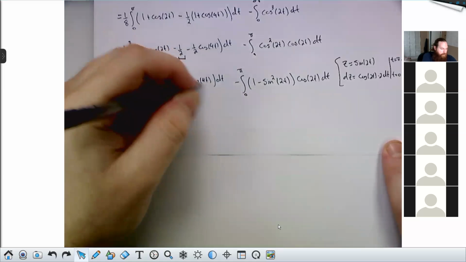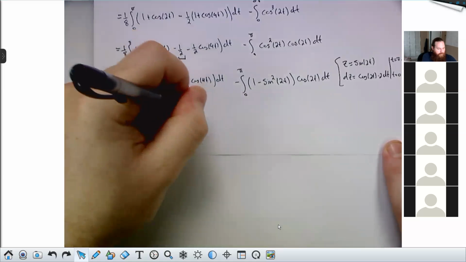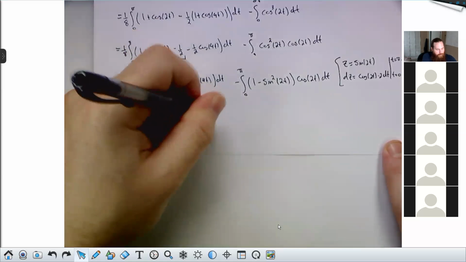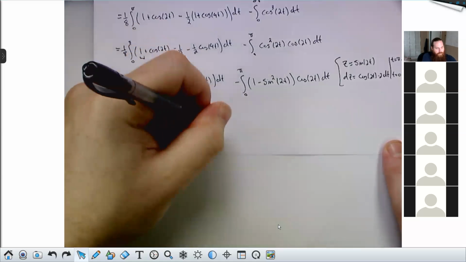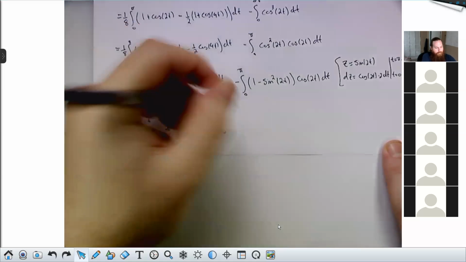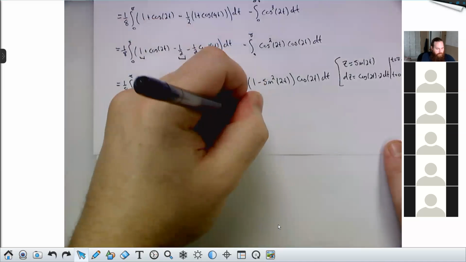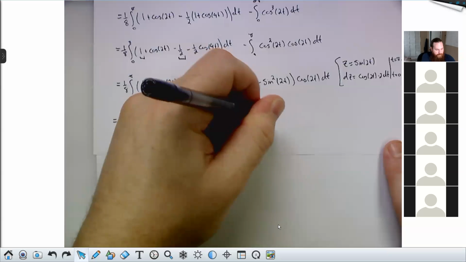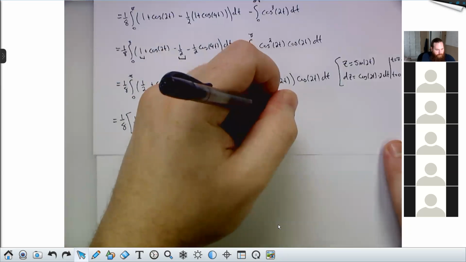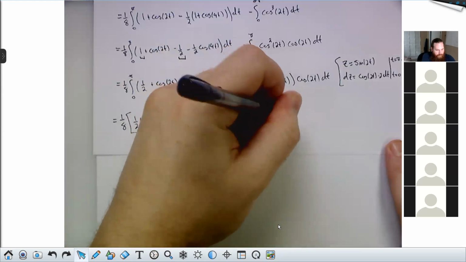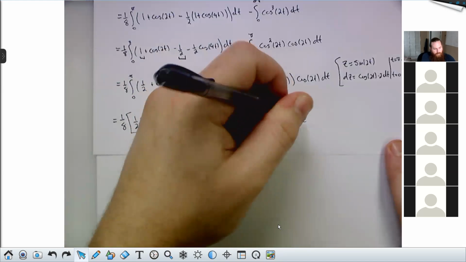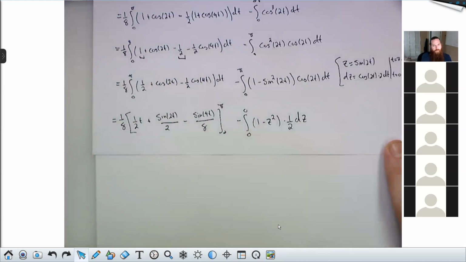This would be sine 4t over 4, but there's already a 1/2 here, so that's sine 4t over 8, evaluated from 0 to pi, minus here I'd get the integral from 0 to 0 of 1 minus z squared times 1/2 dz, the 1/2 coming from the differential. But the integral from 0 to 0 of anything is 0. So this piece is definitely 0.